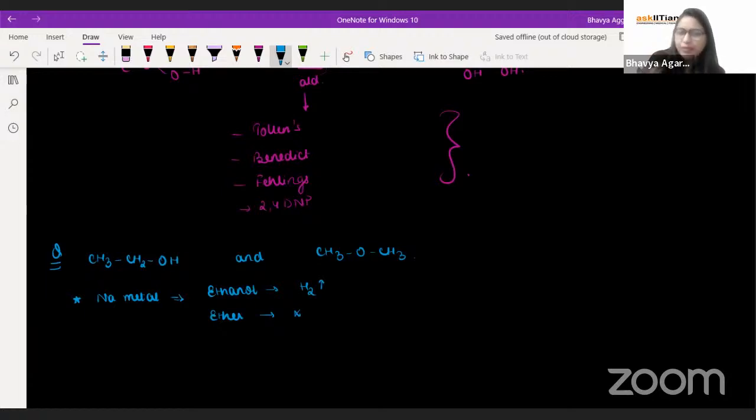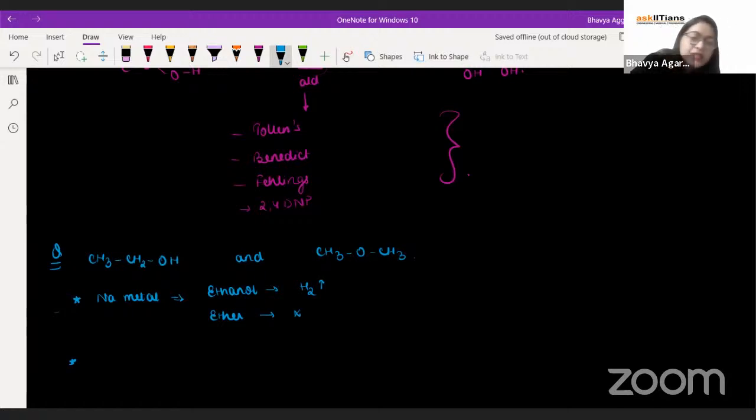Solubility in water, yes, ether is not soluble and alcohol is still soluble a bit. But when I say distinguishing test, I want those things which are visible, like colors, some gas production, some precipitate formation. So this is a very clear observation.